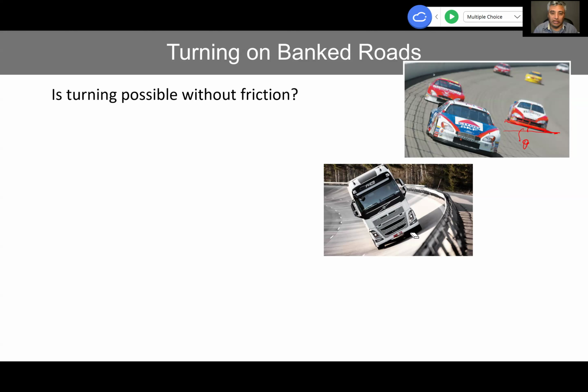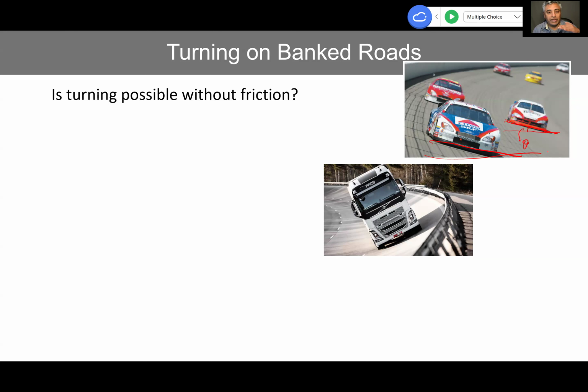Friction, we already learned how to take into account. So here I'm saying, let's say even if the friction is not there, can we do it? Can we turn by making this road something like this, tilted? If there is no friction, then turning at any reasonable speed on a flat road is not possible.